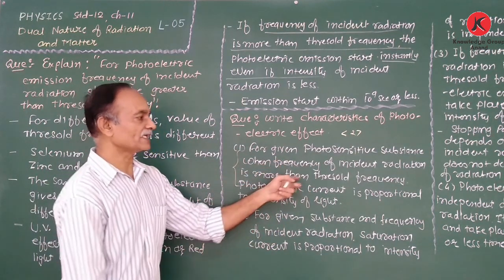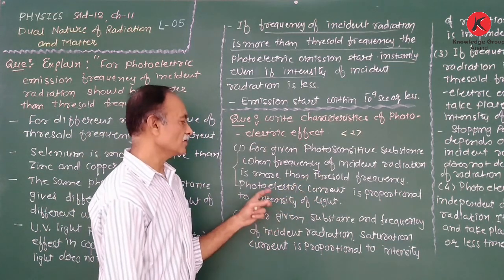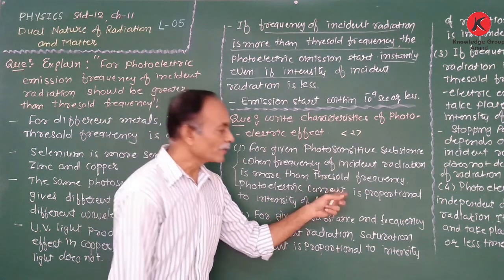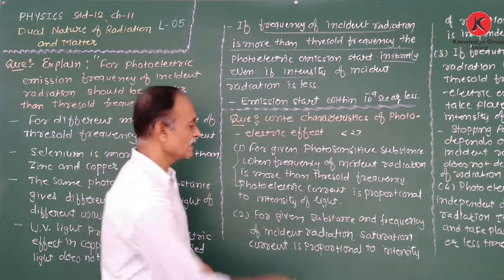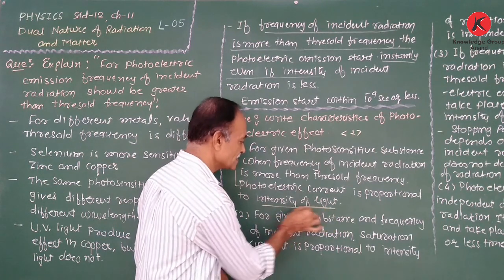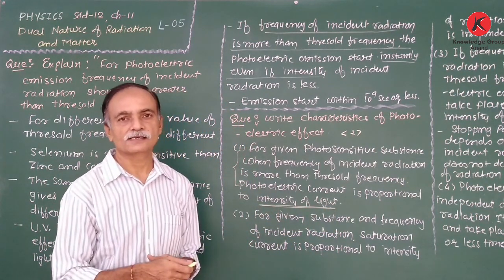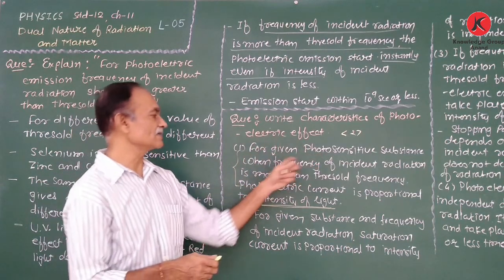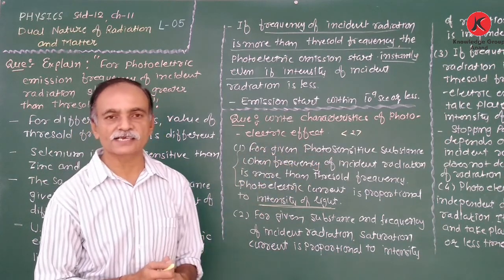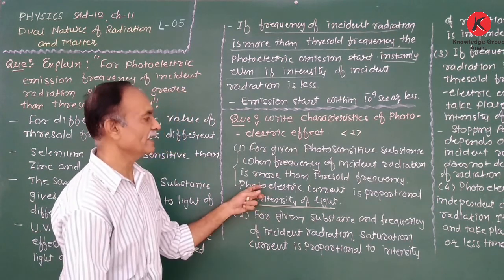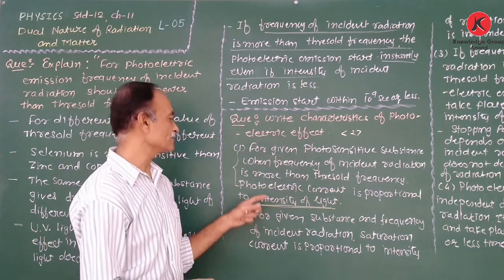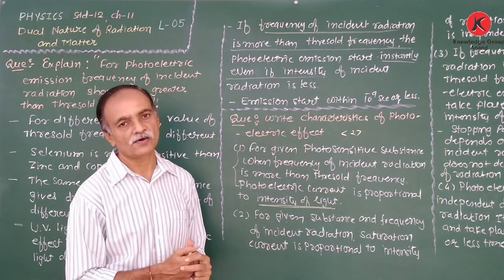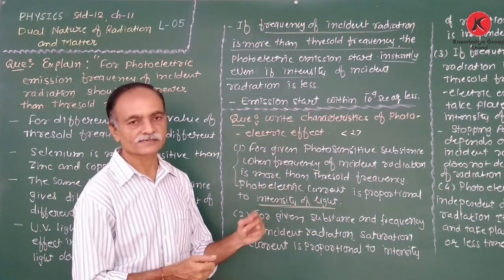And as the photoelectric emission starts, the photoelectric current, that means the number of photoelectrons produced from the photosensitive surface, depends on the intensity of the light. Again, for a given photosensitive surface, when the frequency of incident radiation is more than the threshold frequency, the photoelectric current is proportional to the intensity of incident radiation or the light.